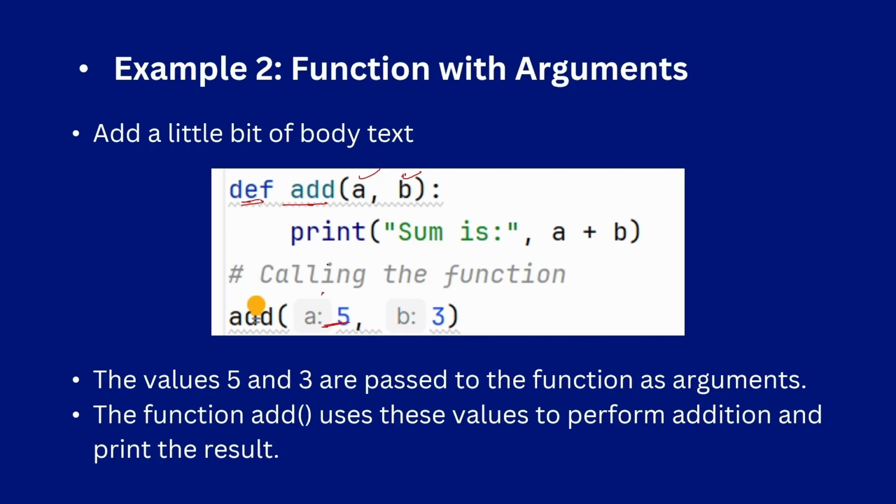Here we have passed 5 and 3, so a becomes 5 and b becomes 3. Why? Because we are passing these arguments. While writing the function, we said that we'll be requiring 2 arguments. So whenever we call this function, we'll have to pass 2 arguments. So these values 5 and 3 are passed to the function as arguments. The function add uses these values to perform addition and print the result.